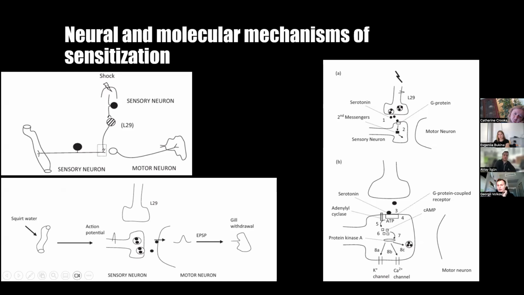Here you can see that these findings helped us to understand the behavioral mechanisms, the circuitry mechanisms, and the molecular mechanisms of these very simple forms of learning that are interesting for us not just as a fundamental thing, but also because all these mechanisms are conserved across species.